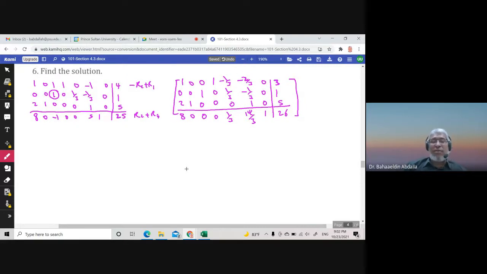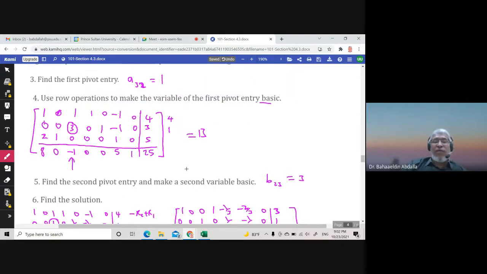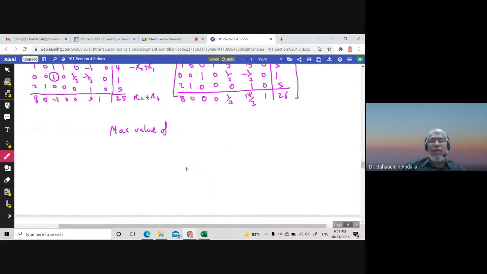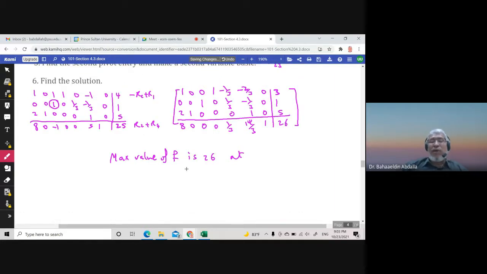The maximum value of f, is it f? Yeah, it is called f, is 26. Where does it occur? Now, what are the basic variables? This is a basic variable, this is a basic variable, this is a basic variable.